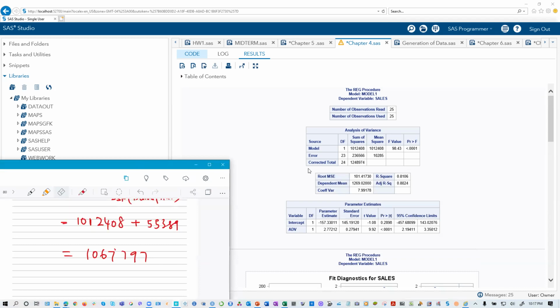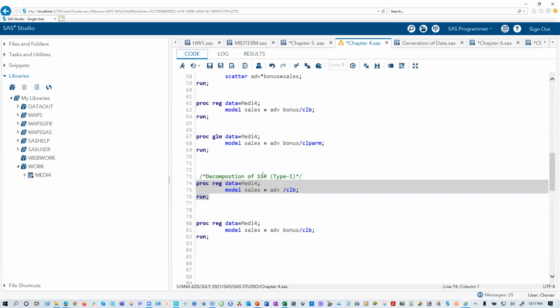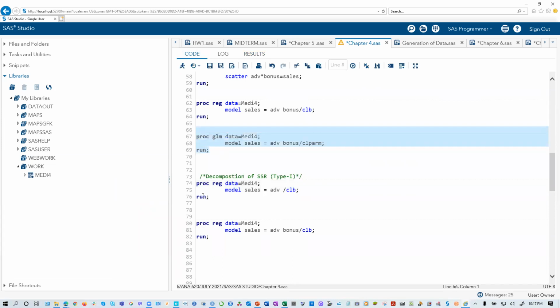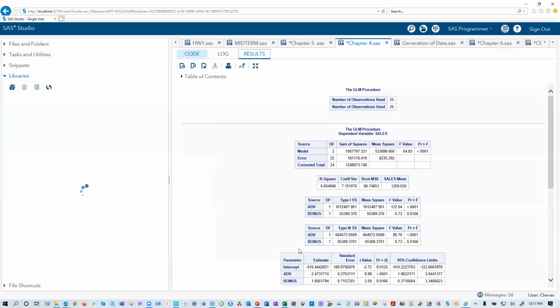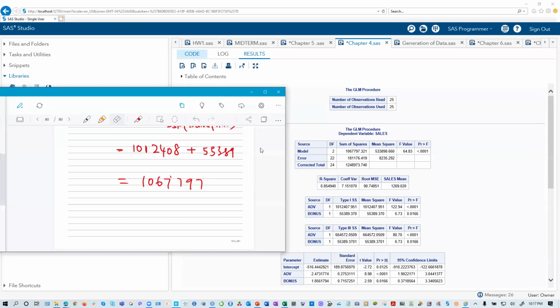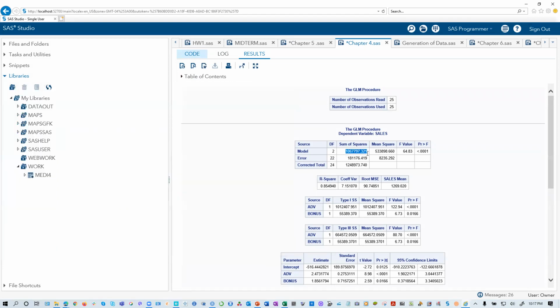I'm not talking about a single regression, I'm talking about when I run the multiple regression. I have a serious issue. When I run this with the GLM, I got this one. But I'm trying to say, if you add these two, they will add to this one.